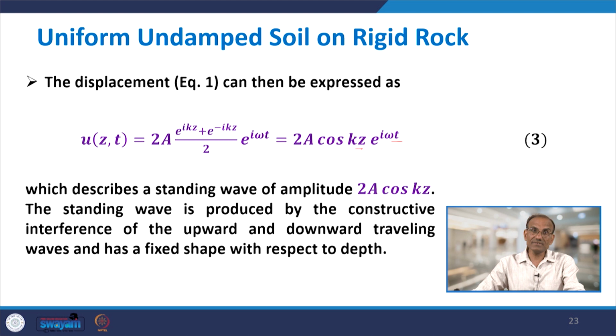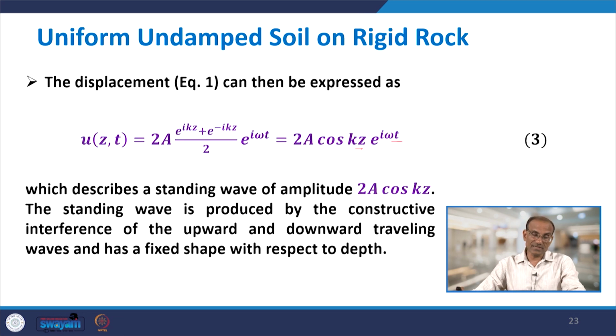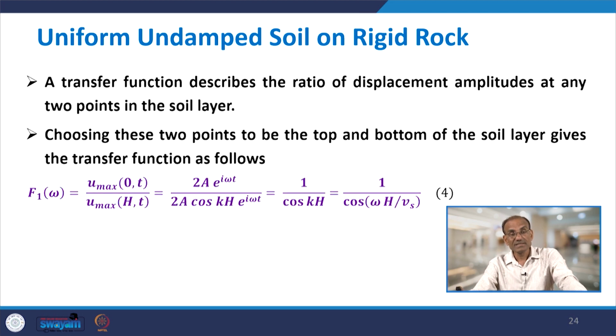The standing wave is produced by the constructive interference of the upward and downward travelling waves and has a fixed shape with respect to depth. So, now once you define that the value of u at any depth and any time is given by equation number 3, we apply this equation 3 to find the transfer function.